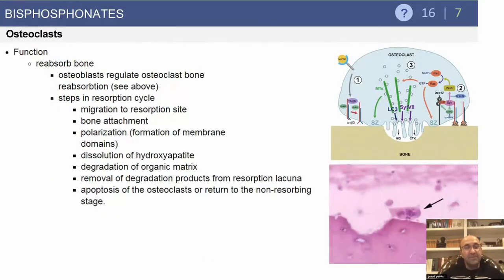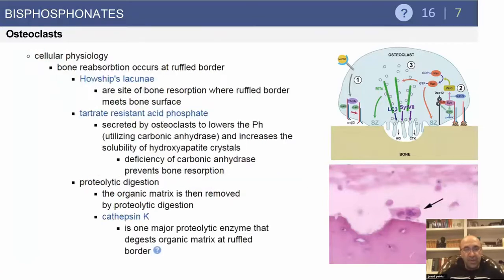Osteoclasts resorb bone through production of enzymes at the ruffled border. Here's a great graph that shows the activity and the molecular mechanism of what goes on in the ruffled border. CTK is cathepsin K, a very important enzyme involved in the process of resorption of bone, and has been occasionally asked about.